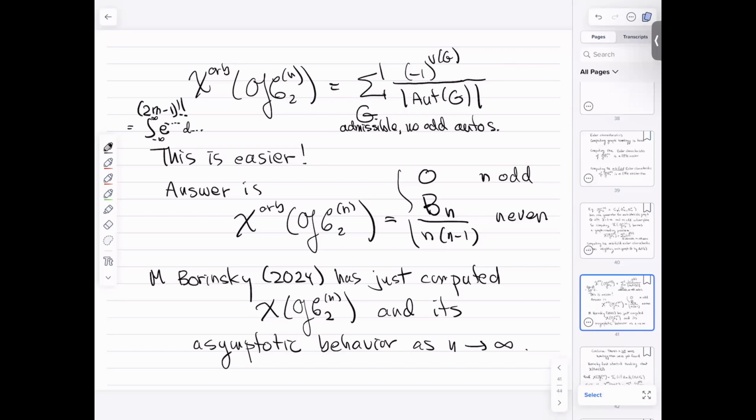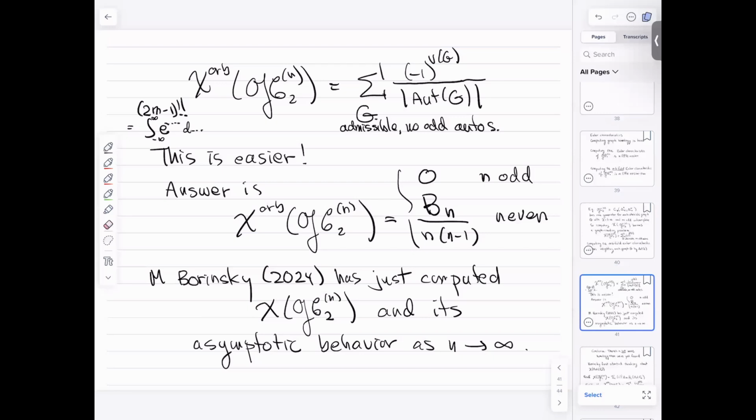Okay, so I told this problem to some physicists at a physics conference, and sorry, I'm getting ahead of myself. This is true, that they have these tricks for counting graphs.